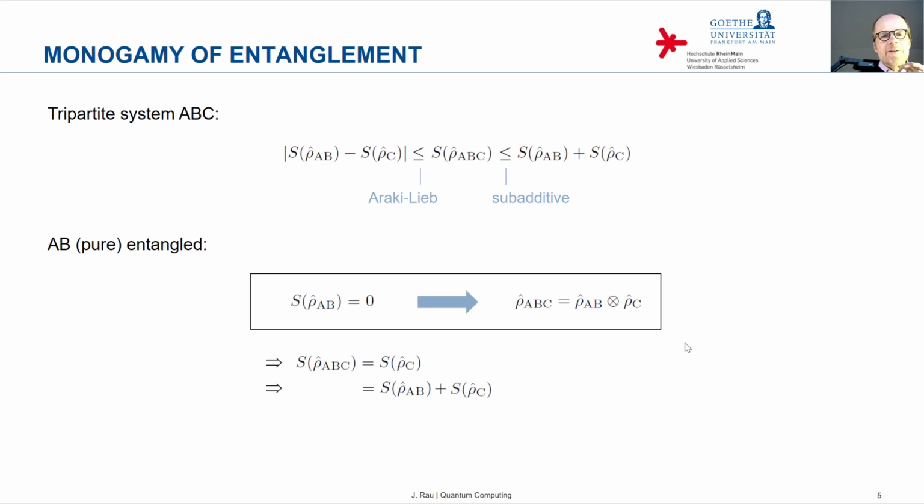And this very simple property of entanglement, the fact that it is monogamous, is in fact exploited in some protocols for cryptography.